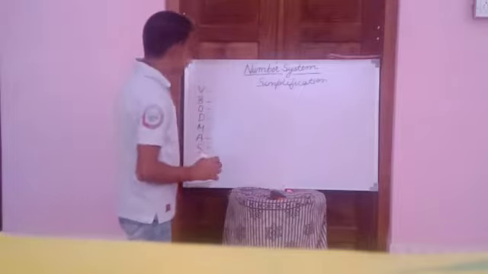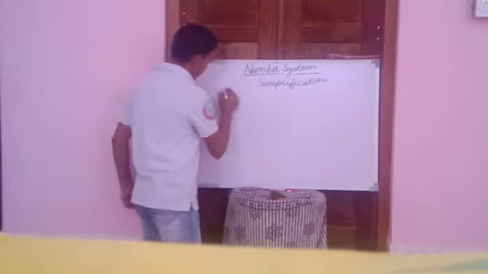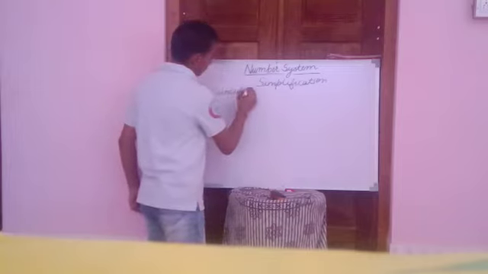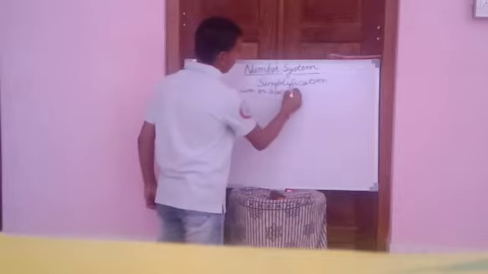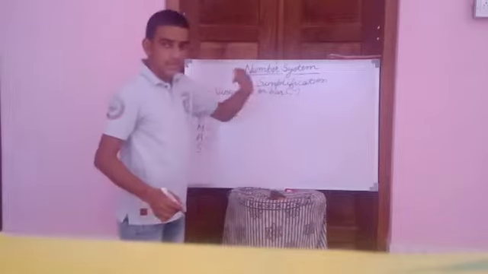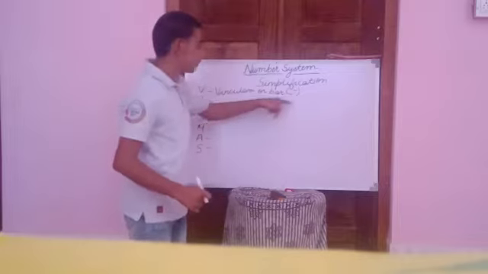This V stands for vinculum, or we can say bar. If this bar is on any digits, then we first of all solve this bar.